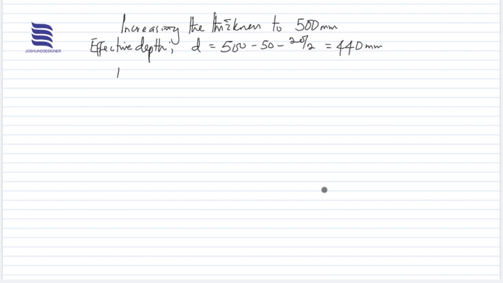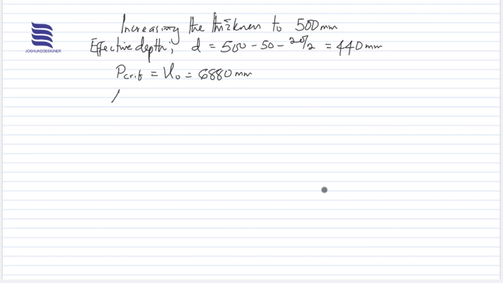Now if you go back to use all the equations and formulas we have used formerly to obtain first our critical perimeter, which is U naught, right? You should obtain a value of 6880 millimeter.